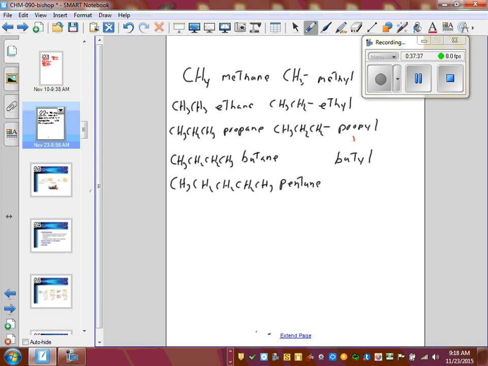Six carbons would be hexane, seven heptane, eight octane, nine nonane, and ten decane.